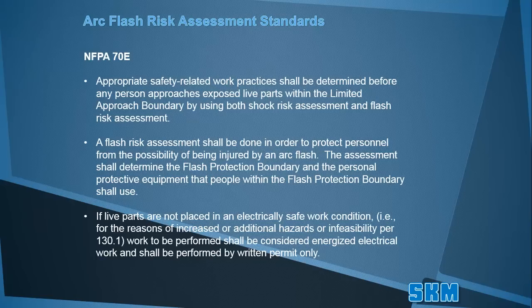The assessment shall determine the flash protection boundary and the personal protective equipment that people within the flash protection boundary shall use. If live parts are not placed in an electrically safe work condition, work to be performed shall be considered energized electrical work and shall be performed by written permit only.